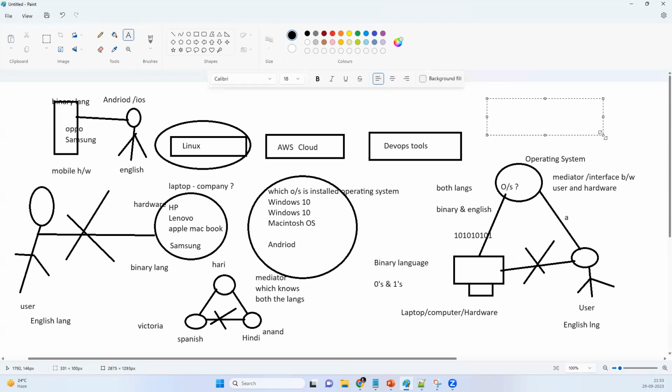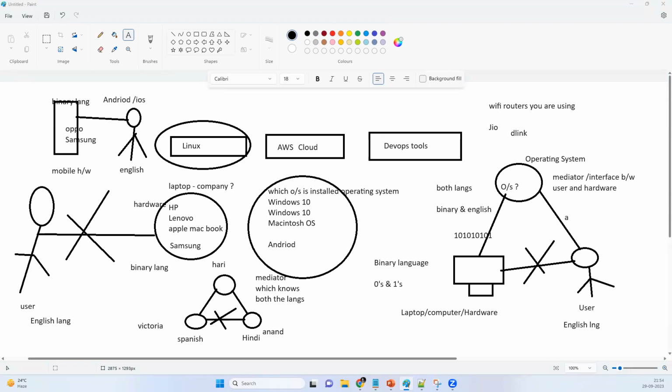For example, which Wi-Fi routers are you using, guys? Jio, Spectrum, D-Link, Frontier.